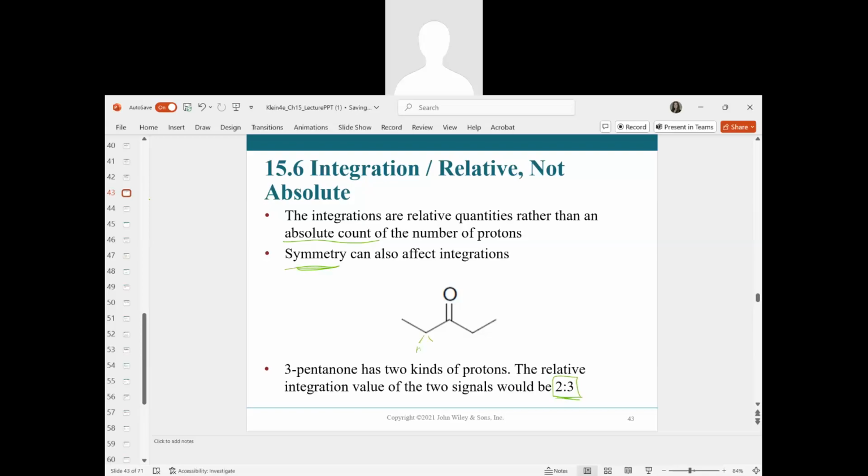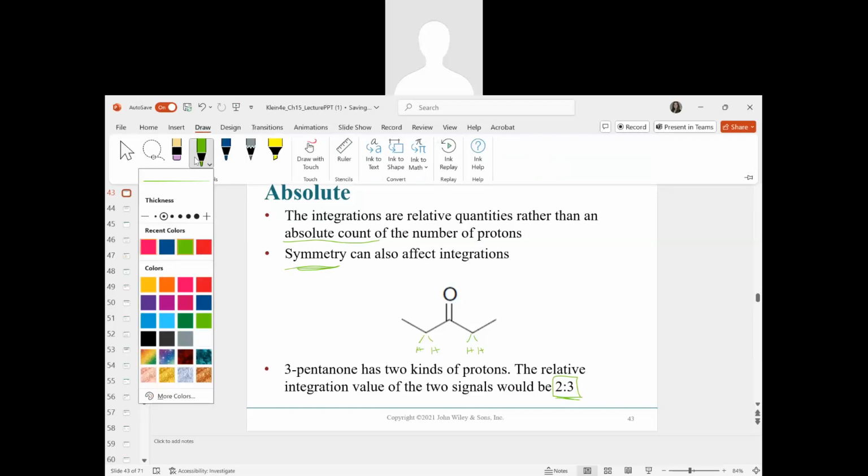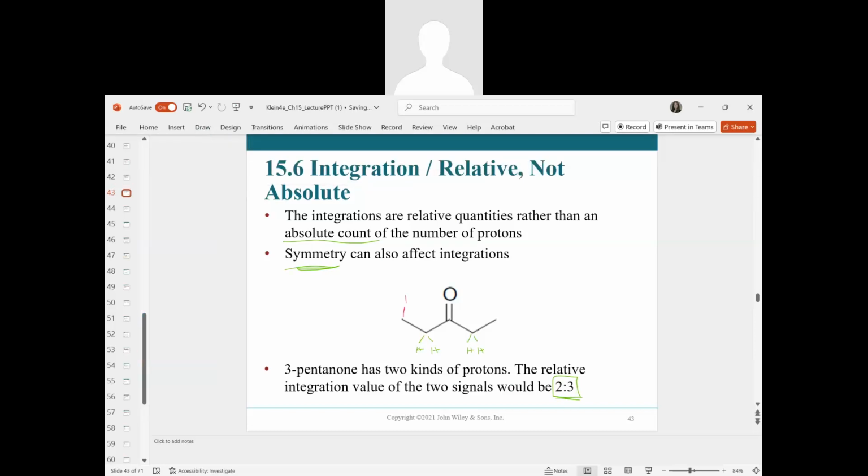But we know that we have 4, right? If we drew these protons here, 6 in our ratio, because we have each of these 3 and each of these 3 protons due to symmetry, giving us that other signal. So we have 2 distinct signals here, 2 distinct kinds of protons, but our relative integration value would show us this 2 to 3 ratio, which we know is not the absolute count or correct number of protons.